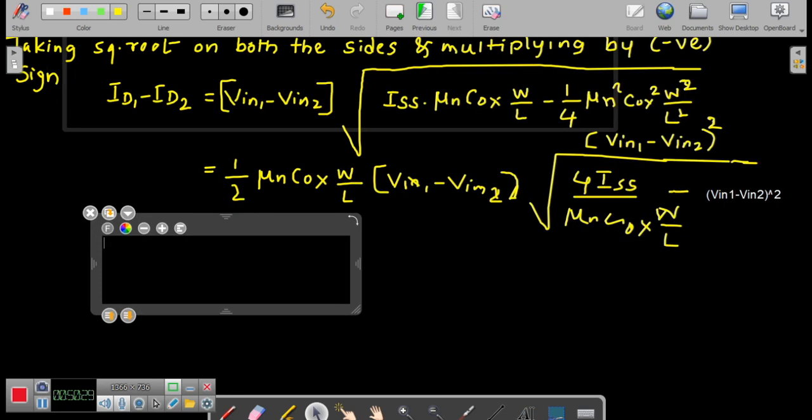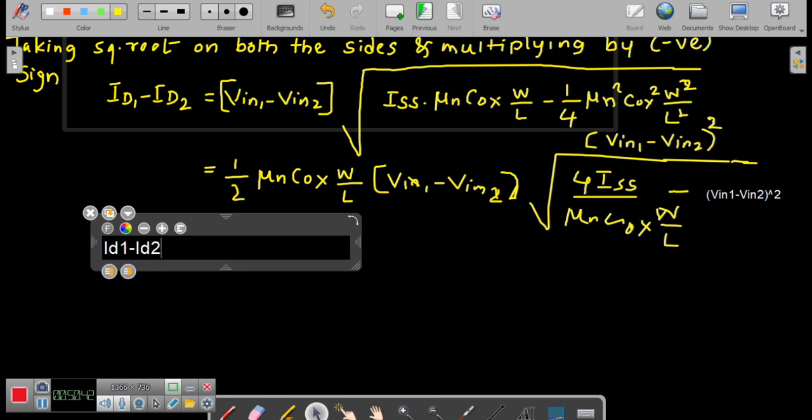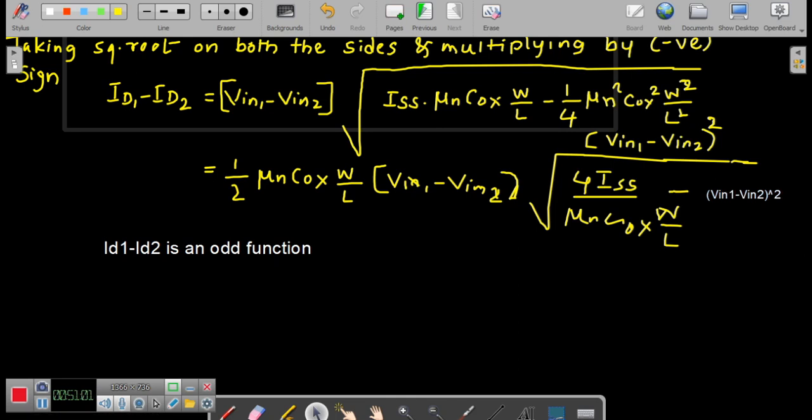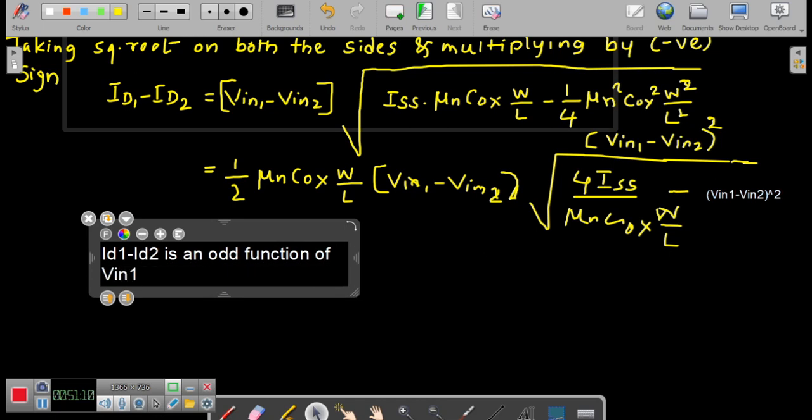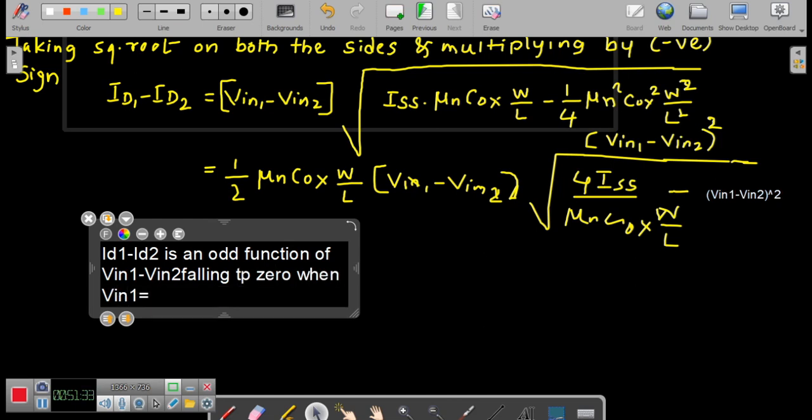ID1 minus ID2 is an odd function of V in 1 minus V in 2, falling to 0 when V in 1 is equal to V in 2.